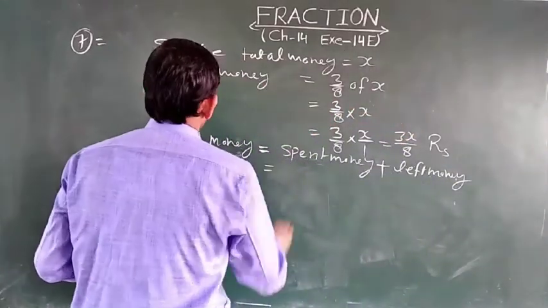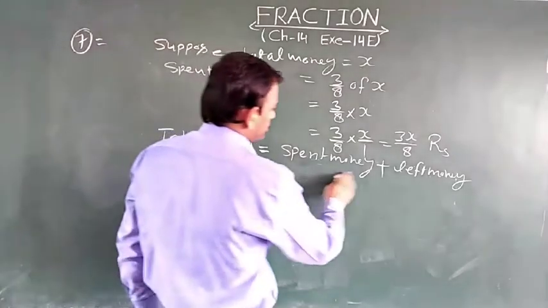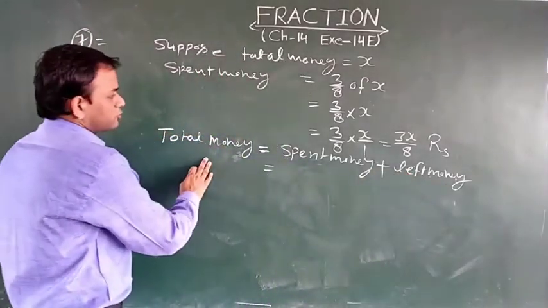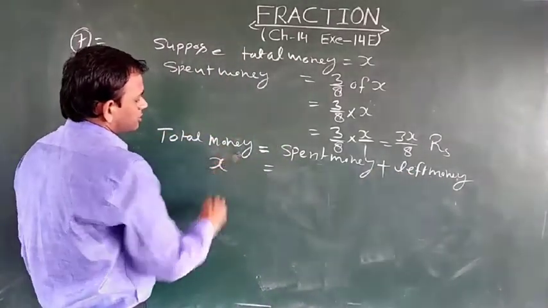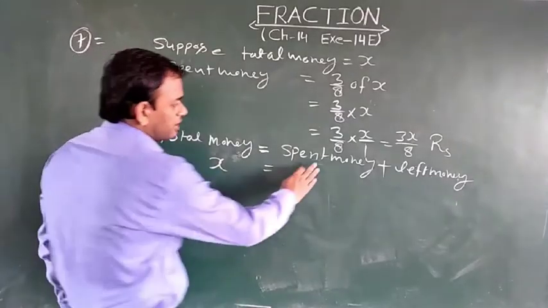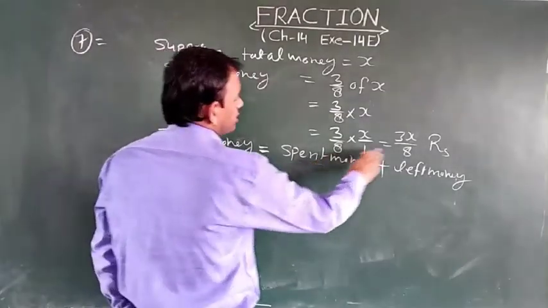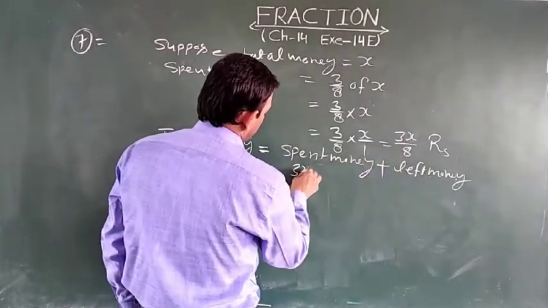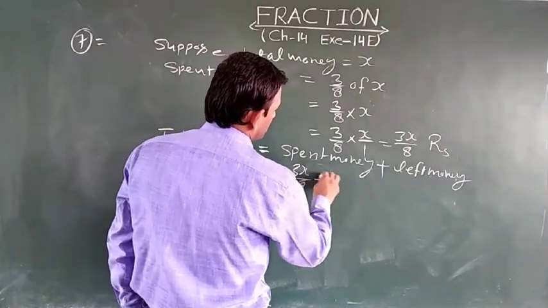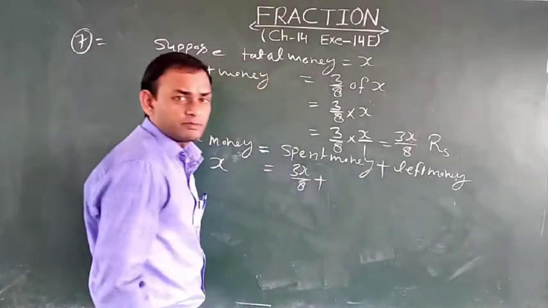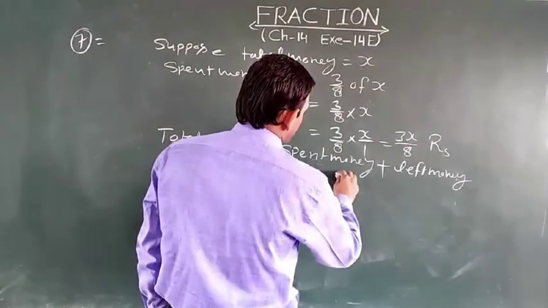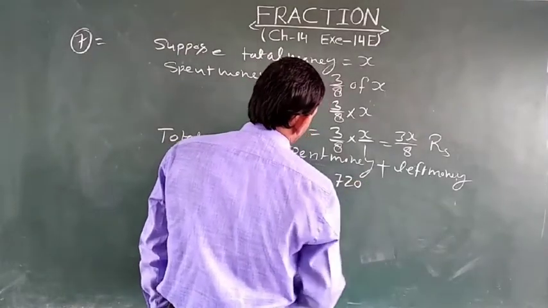Okay, total money is equal to spent money plus left money. Total money or amount is equal to X, and how much did he spend? 3x upon 8 plus the amount left with him after the spending, so it is 720 rupees.